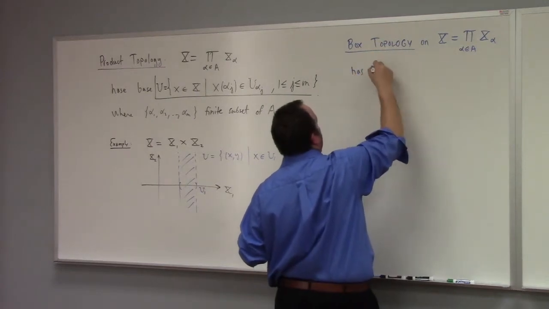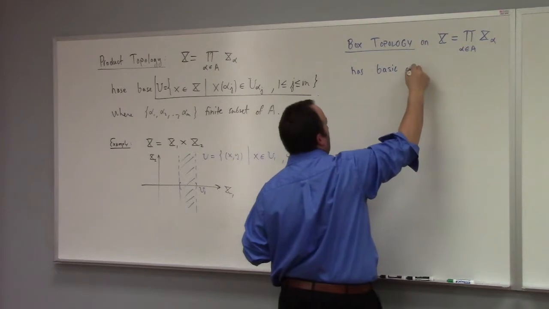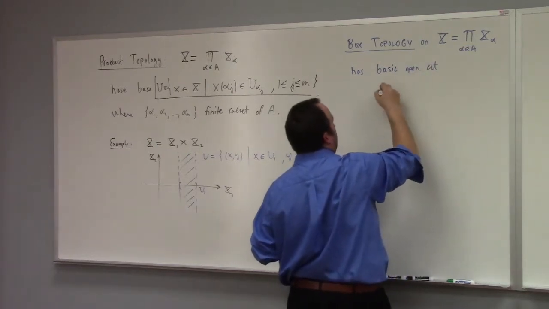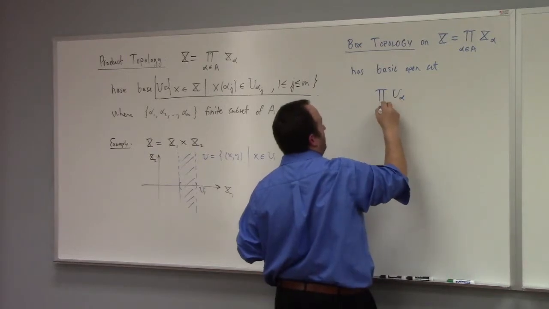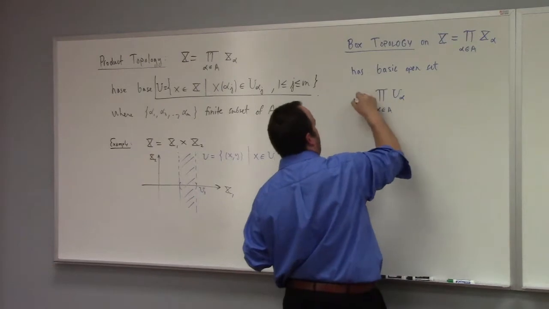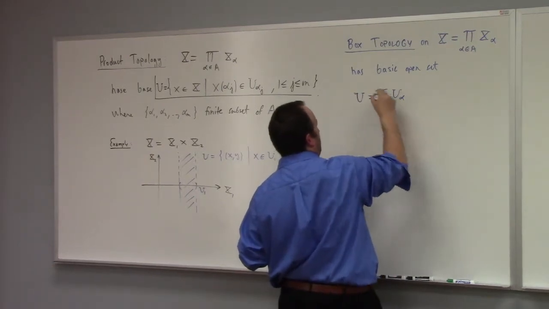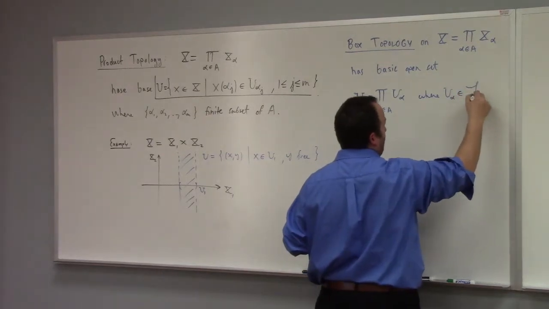The box topology has as basic open sets just the product of U alpha over alpha in A. So let's say U equals that, where U alpha is in the topology for X alpha.